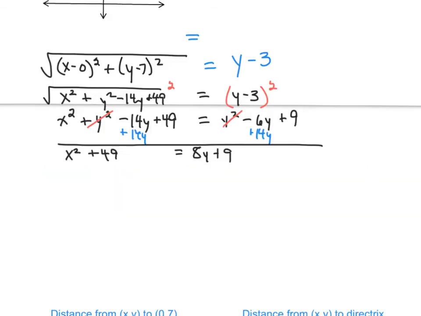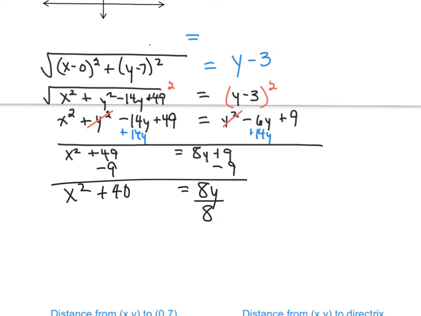Finishing off, I'm going to solve my equation for y, so let's subtract 9 from both sides of the equation. So 8y is equal to x squared plus 40. And then go ahead and divide both sides by 8. And I'm going to write this equation as y equals 1/8 x squared plus 40 divided by 8, which is 5.